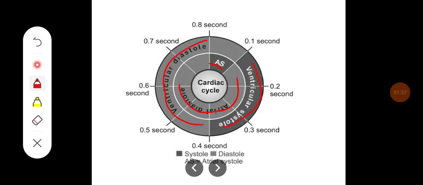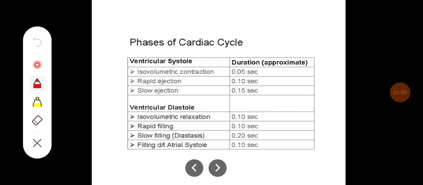If you note the timing, the time required for one cycle is 0.8 second, and atrial systole requires 0.1 second and atrial diastole is 0.7 second, whereas ventricular systole is about 0.3 second and ventricular diastole is about 0.5 second. So these are the different phases of the cardiac cycle.